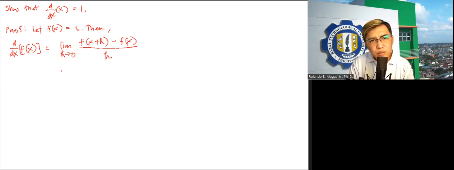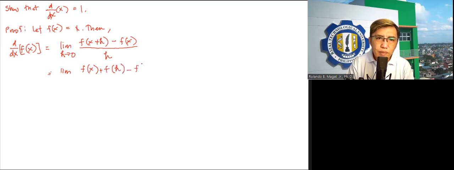So this implies that we have the limit of f of x plus f of h, I just distributed it, minus f of x all over h as h approaches 0.